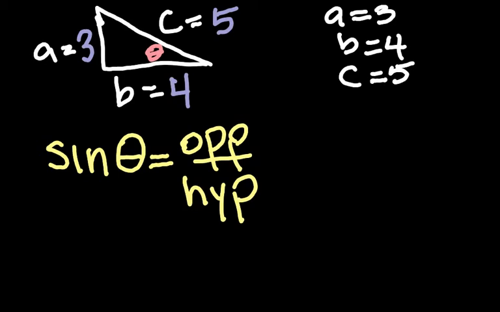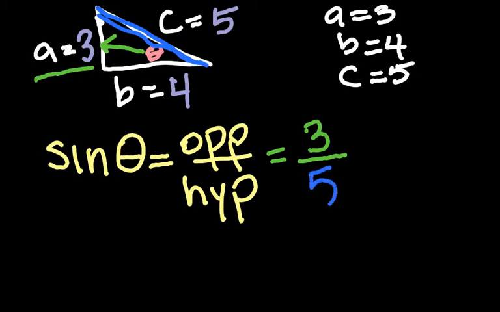Well, looking at our little pink theta over there, if you draw an arrow going to the opposite side, the opposite is 3. And you should remember what the hypotenuse is, and that is the longest side, which is 5. So the sine of theta is 3 over 5. Copy it down just like you see it.